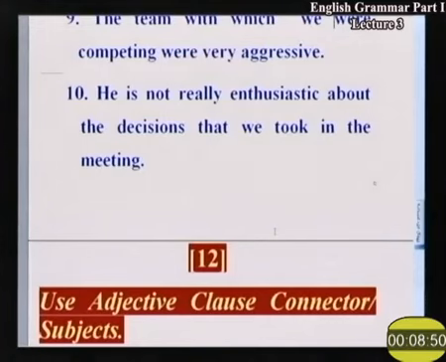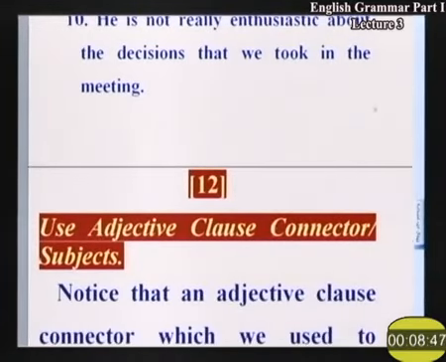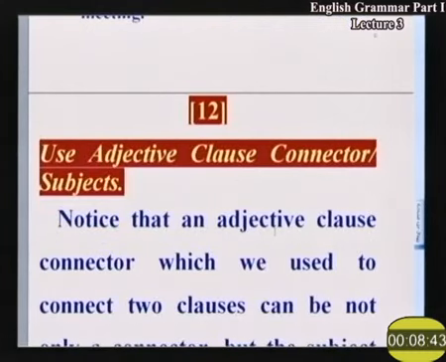طيب, let us together look at another rule. Use adjective clause connector subjects. يعني ايه connector subjects؟ زي ما انتم شايفين احنا ما بنقولش هنا use adjective clause connectors، لا use adjective clause connector subjects. عندي هنا slash connector subjects، يعني the connector may be the subject. نشوف ازاي.